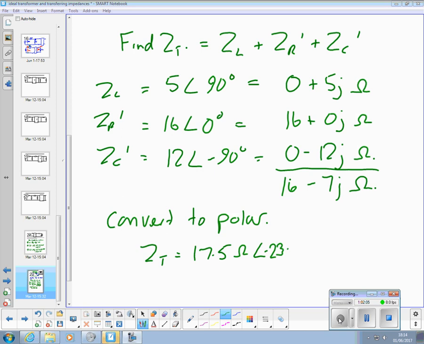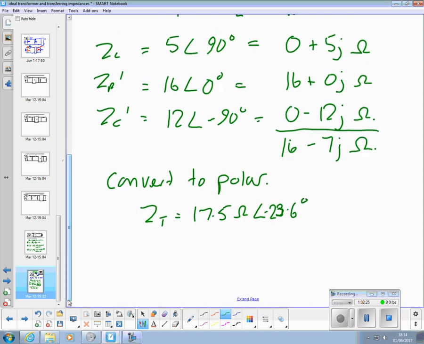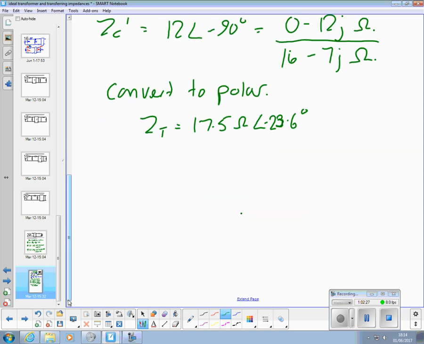We said it was overall capacitive, didn't we? So it needs to be negative. All happy with that? So that's the total impedance. So now we can find these two voltages.